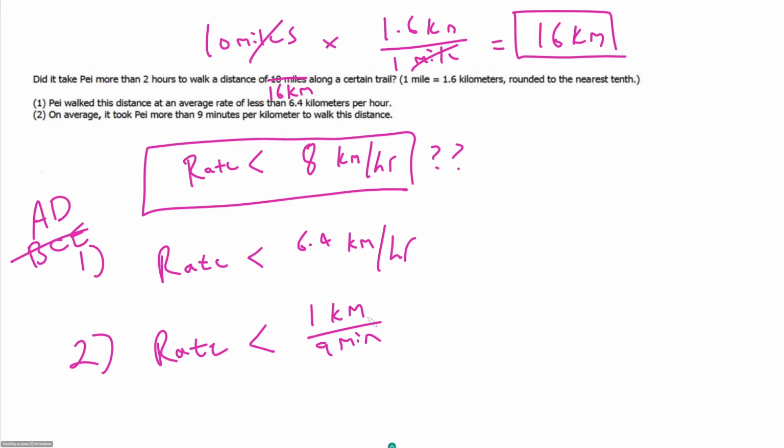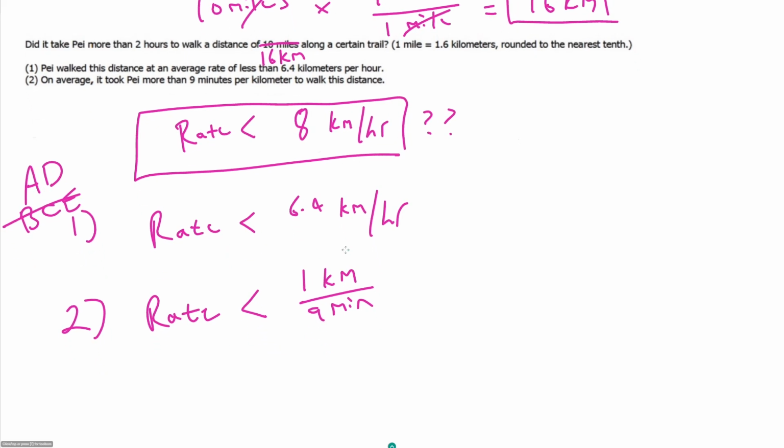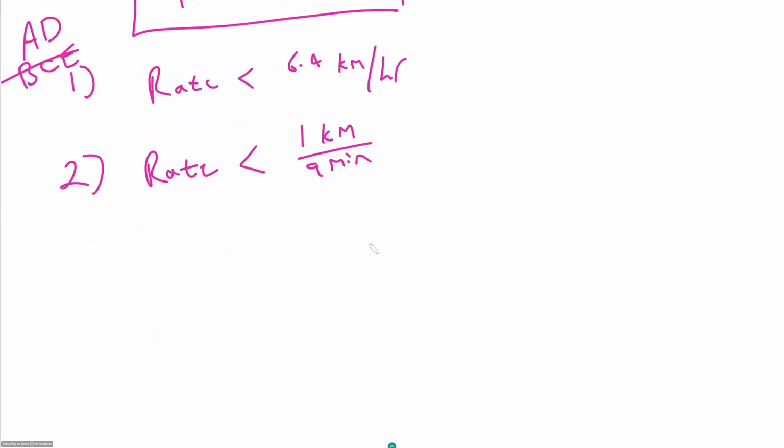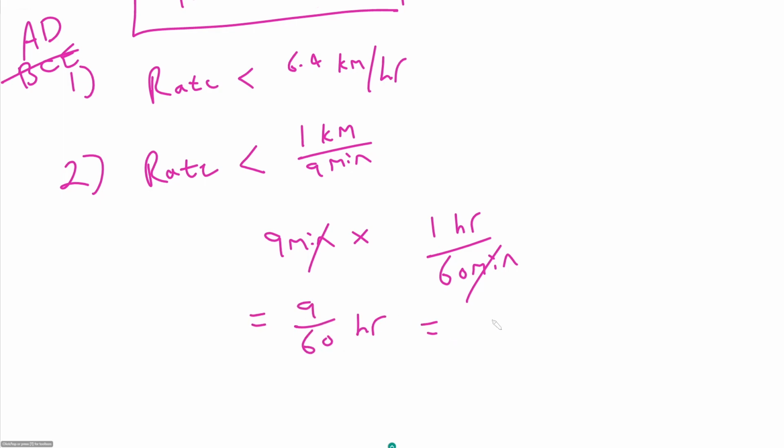So how can we do this? We can get this in terms of hours, right? So 9 minutes is equal to how many hours? We've got 1 hour is 60 minutes, so 9 minutes would be 9/60ths of an hour, which is the same as 3/20ths of an hour.